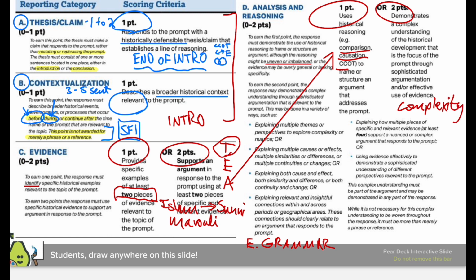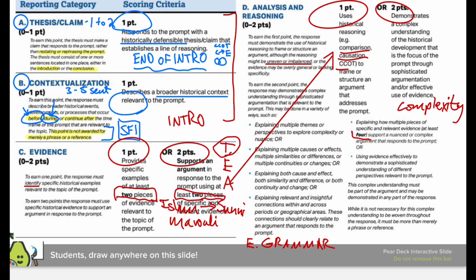and that is a lot more difficult to get. You can't just cover similarities, you would have to cover differences. Typically, you're going to have to cover more than one historical thinking skill. So it wouldn't just be similarities and differences, but you'd also have to look at causation or continuity and change. You can't just have two pieces of factual evidence supporting your claim.